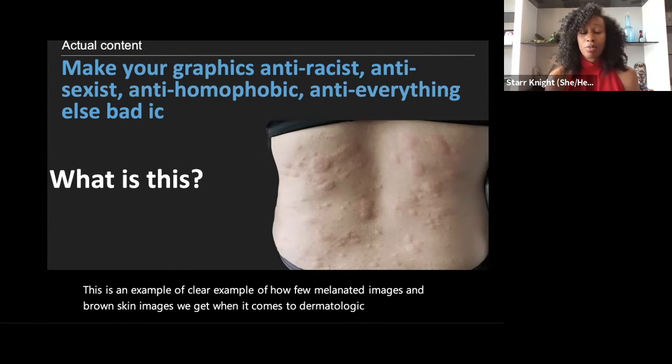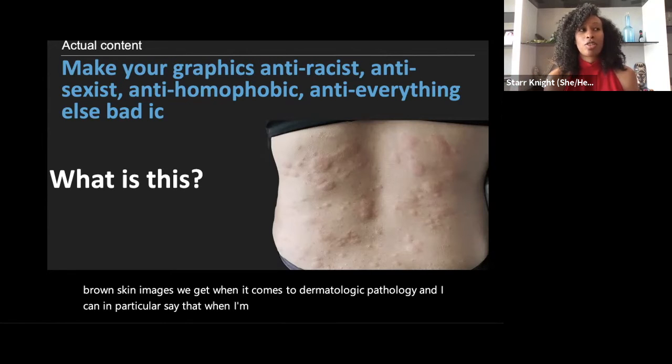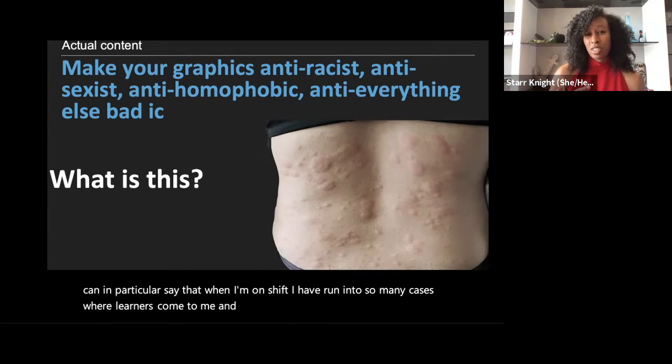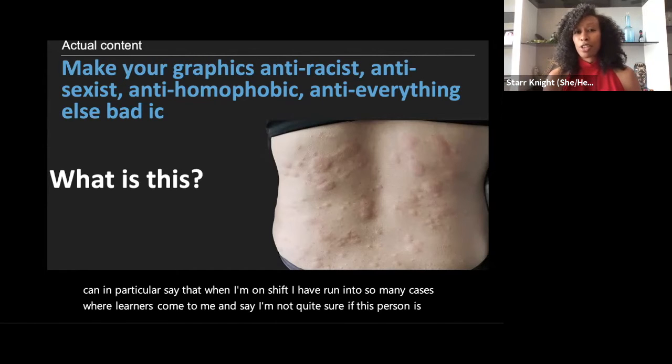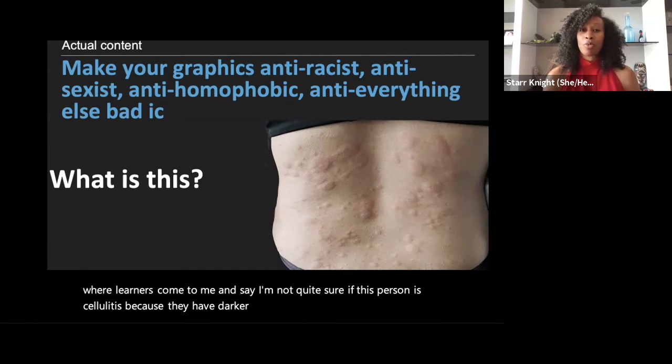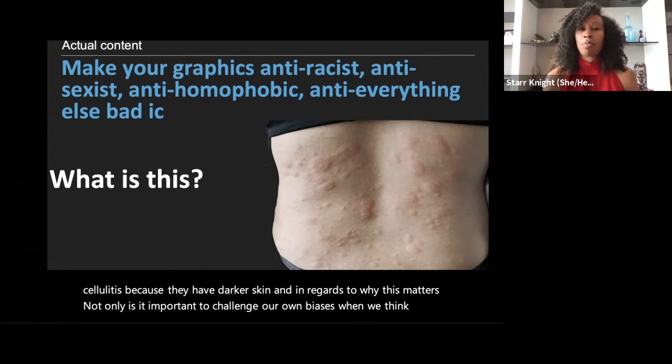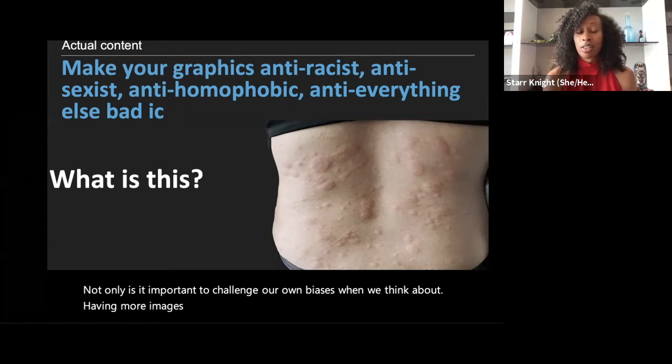When I'm on shift, I have run into so many cases where learners come to me saying, I'm not quite sure if this person has cellulitis because they have darker skin. Not only is it important to challenge our own biases by having more images of different types of people in our talks, it's also important so that we can take care of different types of people.